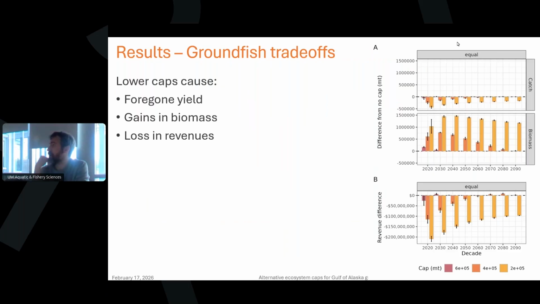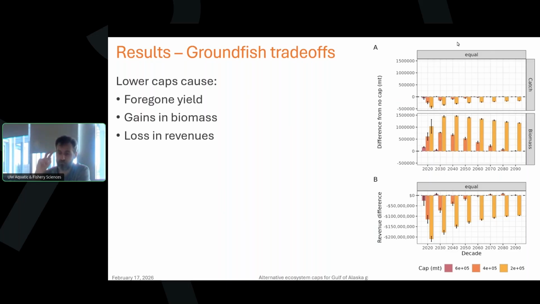Another way to look at this, this is the same data, just summarized in different ways. These are decadal averages for the projection period. These bars are the difference in catch and biomass at the top, and revenue at the bottom, compared to the status quo.